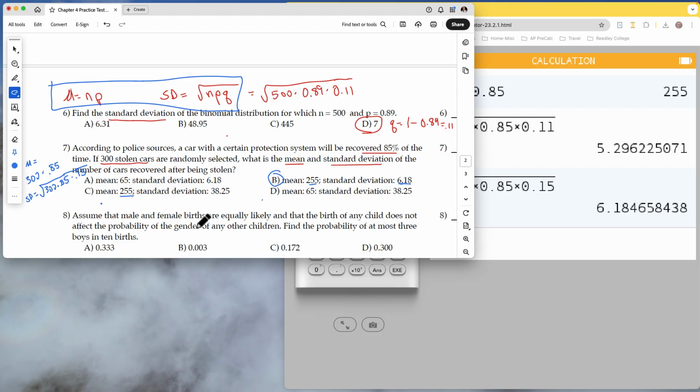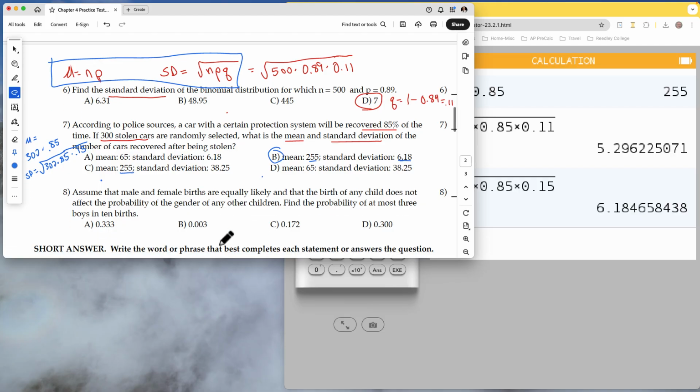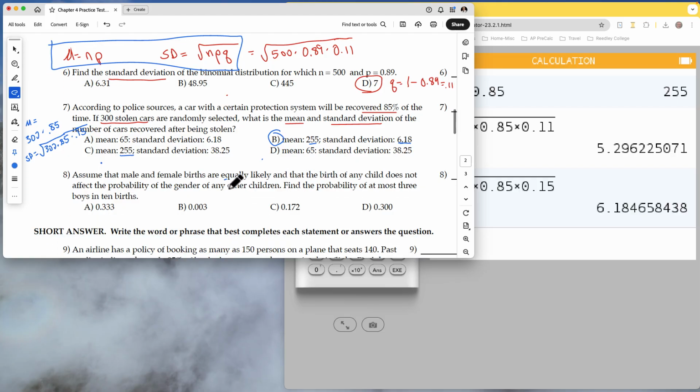Okay. Assume that male and female births are equally likely, and that the birth of any child does not affect the probability of the gender of any other child. So that means they're independent. Find the probability of at most 3 boys in 10 births. So you have to recognize this as being a binomial, so either success or failure. We're looking at male births.